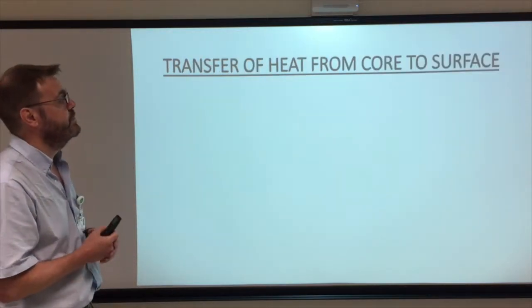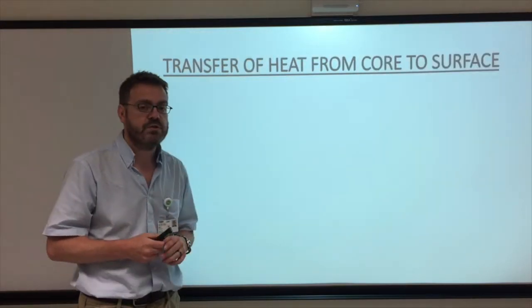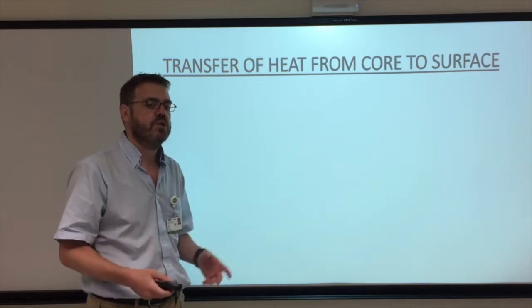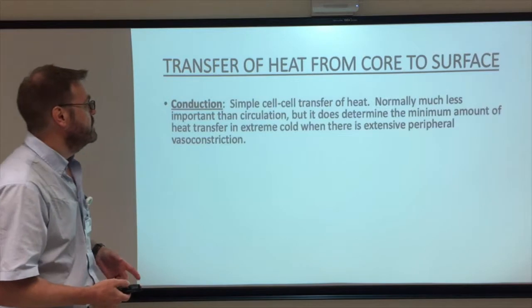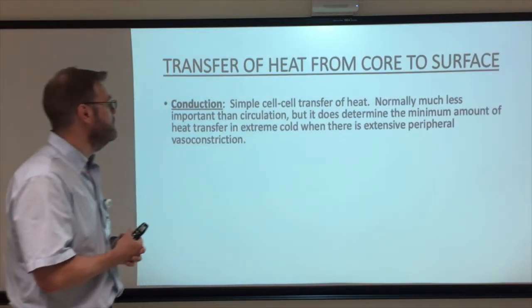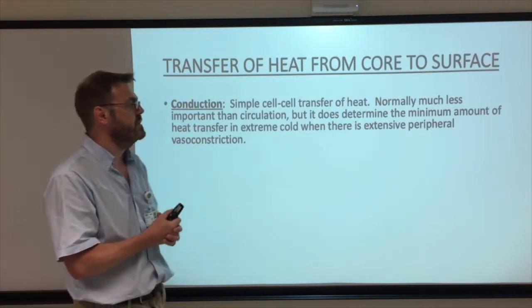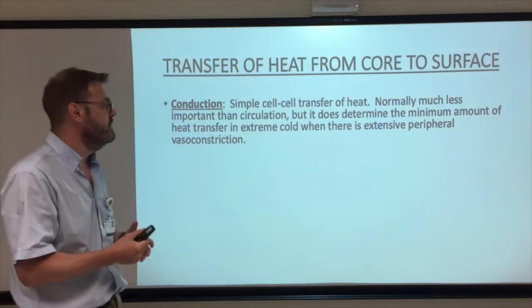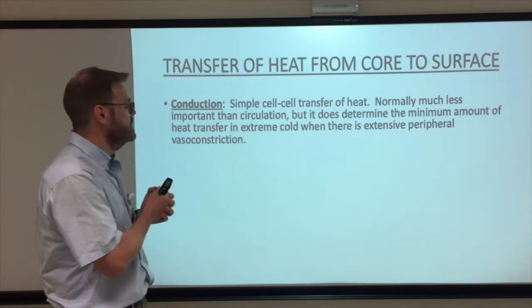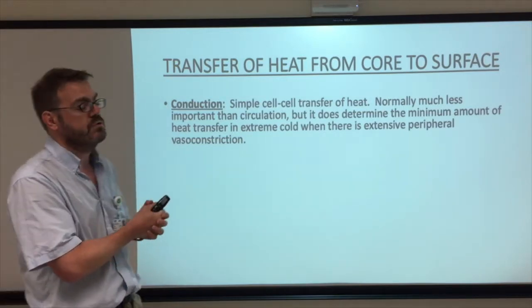Okay, so transfer of heat from core to the surface. Now this is all about changing the circulation of the body. So conduction, simple cell to cell transfer of heat, is normally much less important than circulation, but it does determine the minimum amount of heat transfer in extreme cold where there is extensive peripheral vasoconstriction.